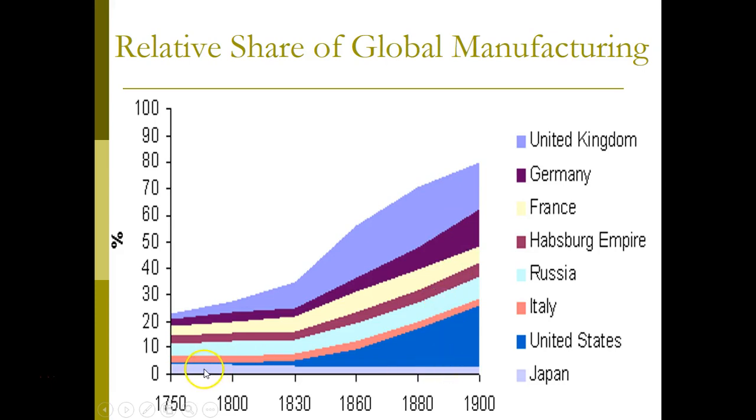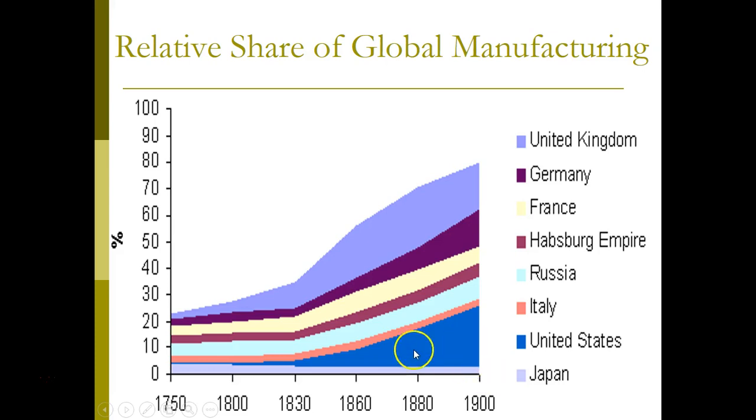So, for example, if you go down here, the only Asian representative on this is Japan, which, if you look at how thick it is, in 1750, Japan is producing, what would you say, 3 or 4%, 4% maybe, of all of the world's manufactured goods. By 1900, though, that is smaller, and so it's maybe about 2%.